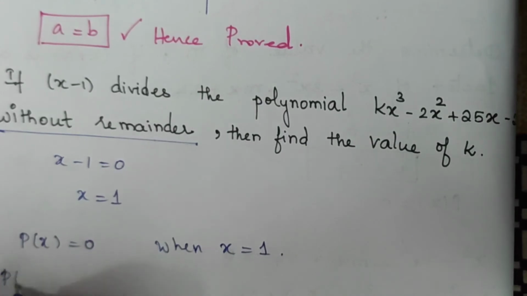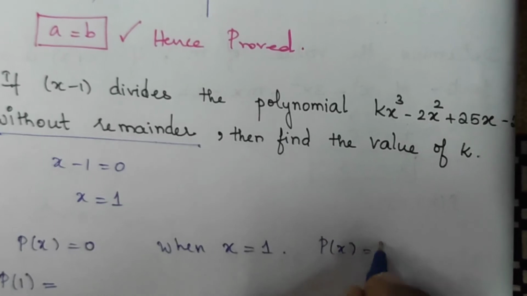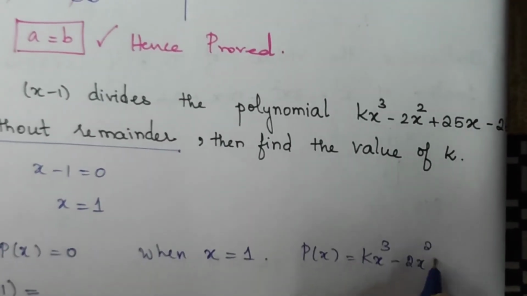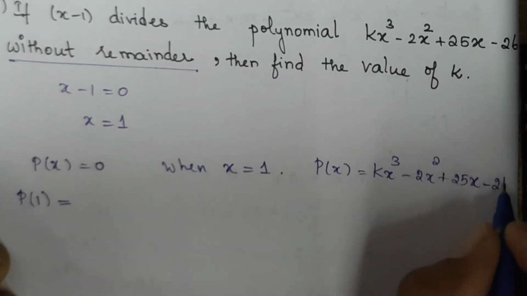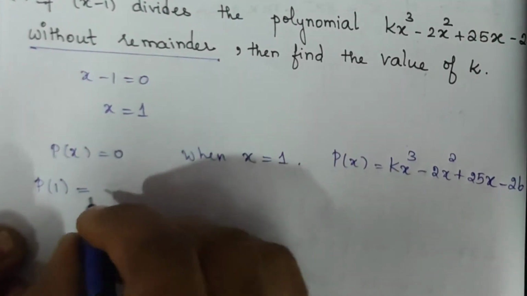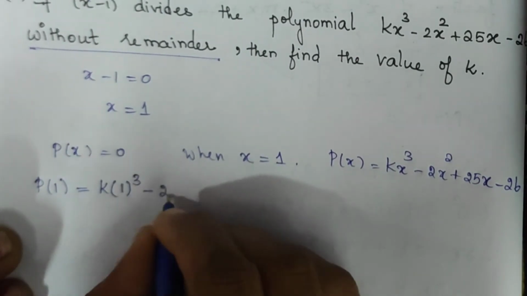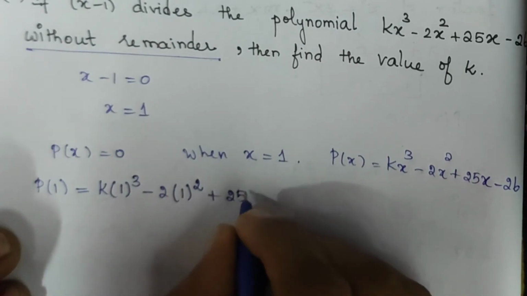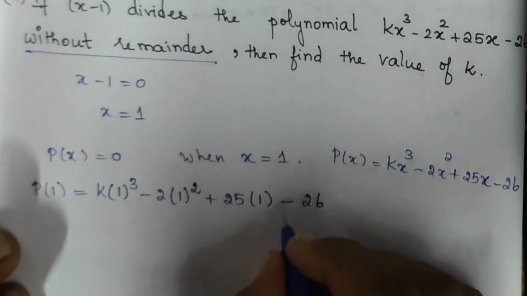So p of 1 is equal to, where p of x is equal to kx cube minus 2x square plus 25x minus 26. So k into 1 cube minus 2 into 1 square plus 25 into 1 minus 26.